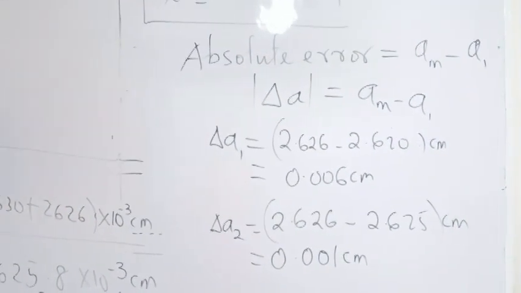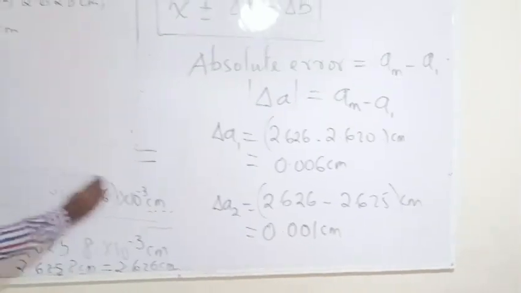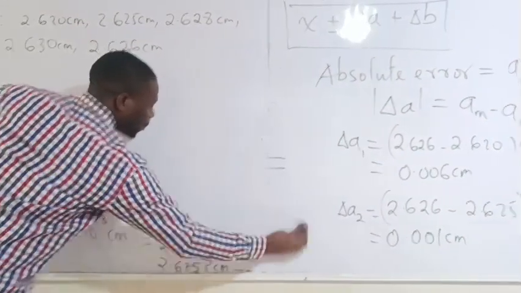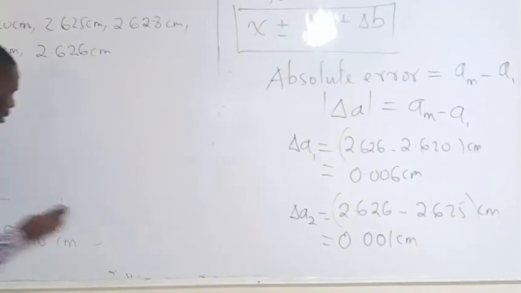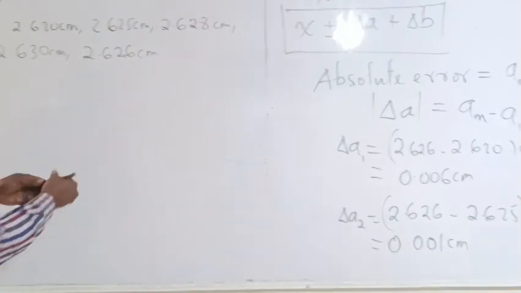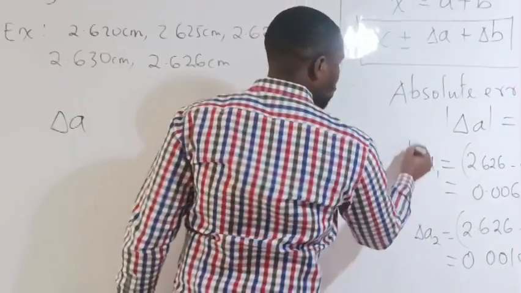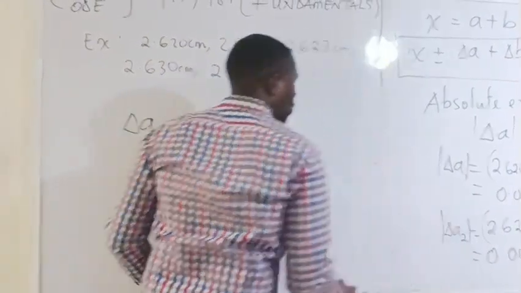For the third, the absolute error in the third measured value, I could stick in the vertical bar here to indicate that I'm particular about the positive part.